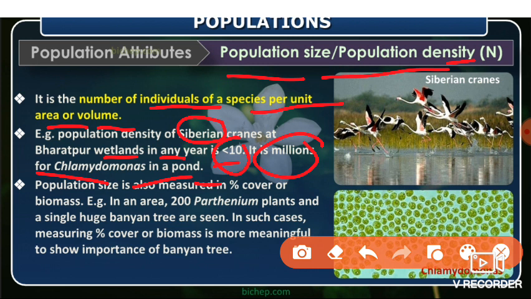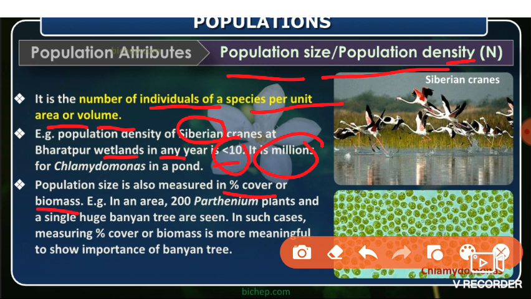And here the population size is also measured in percentage. The population density is denoted by capital N. Please remember, population density is denoted by capital N. The next thing, population size is also measured in percentage cover or biomass.